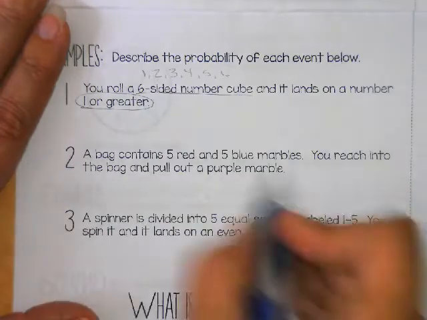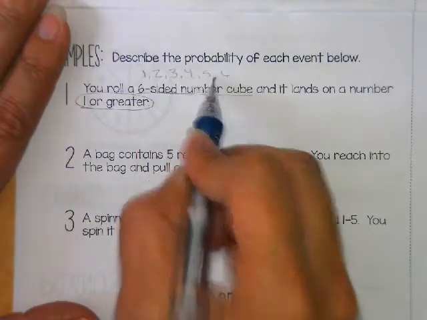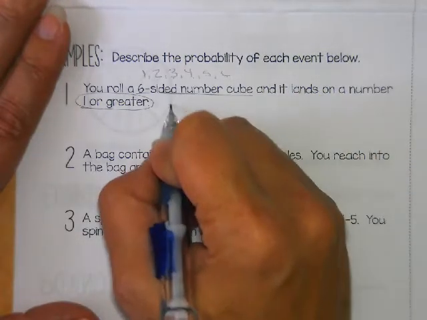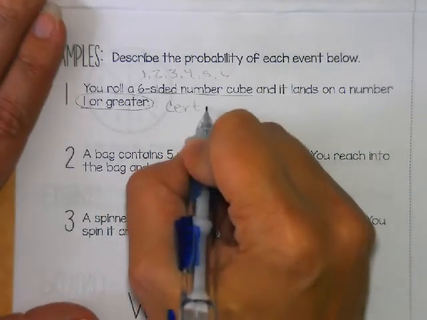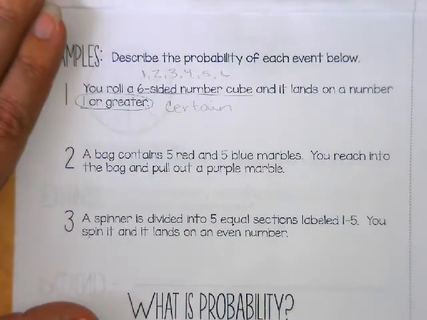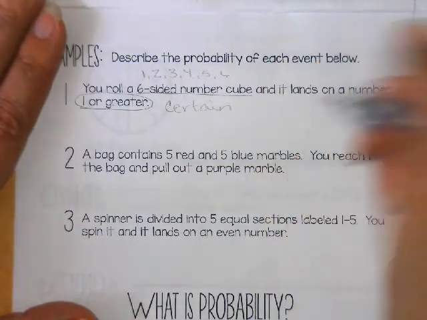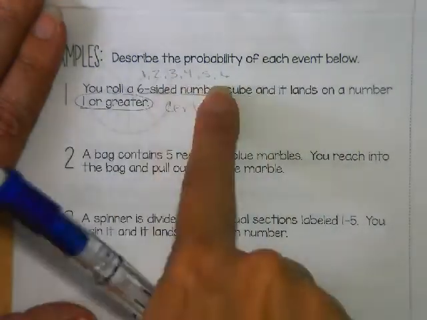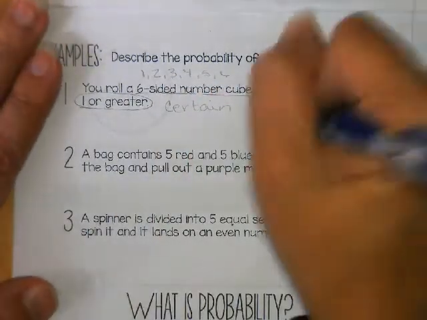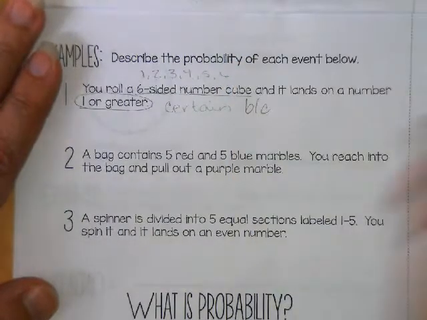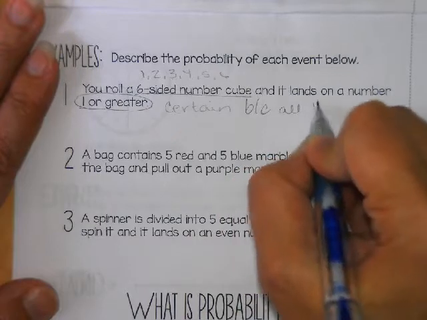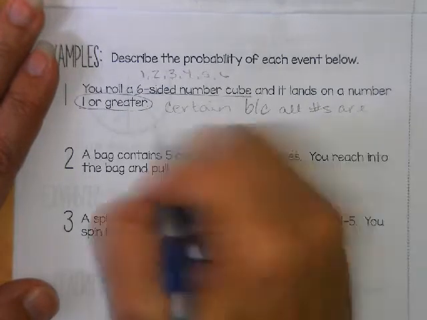Well, that is certain because you can see that the numbers on a number cube are in fact 1 or greater. So this is a certain. Like, it's gonna happen. There is a probability of 1, right? Because all numbers are greater than 1.